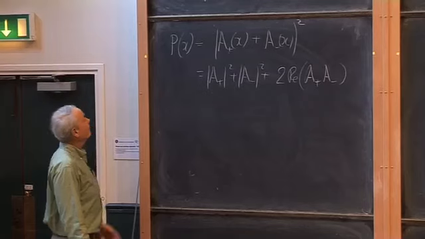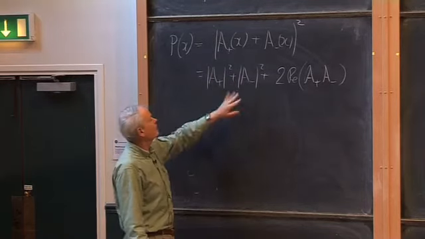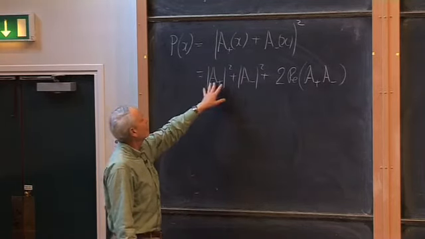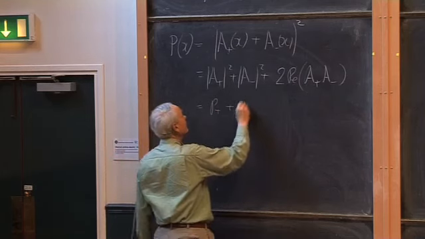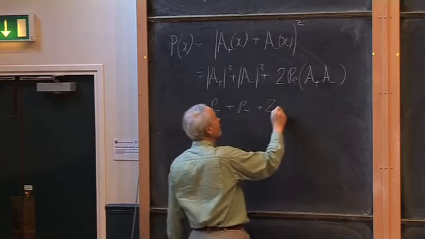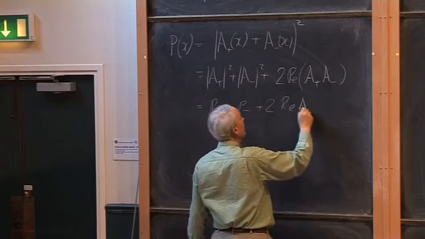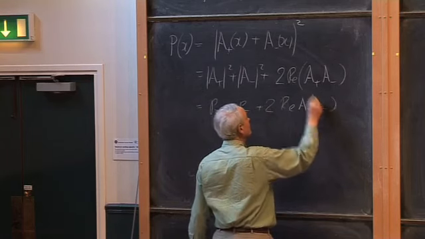These were about equal, and these were the classical probabilities, P plus and P minus, and then we have this quantum interference term, which we want to assess.